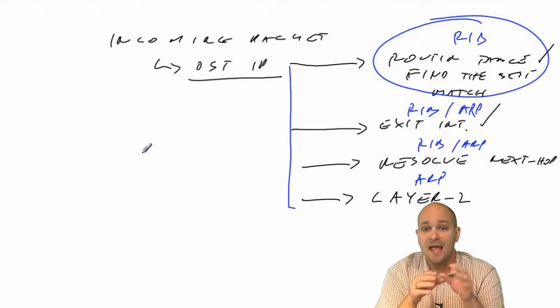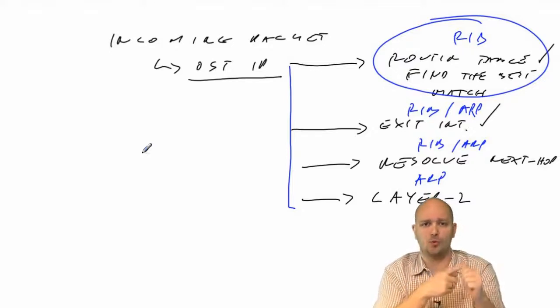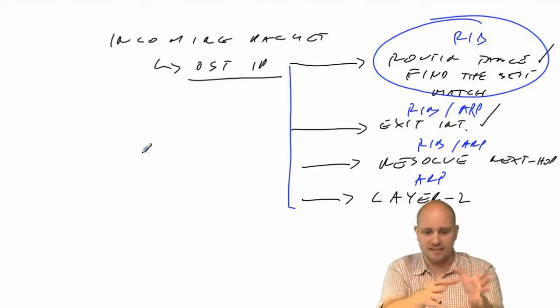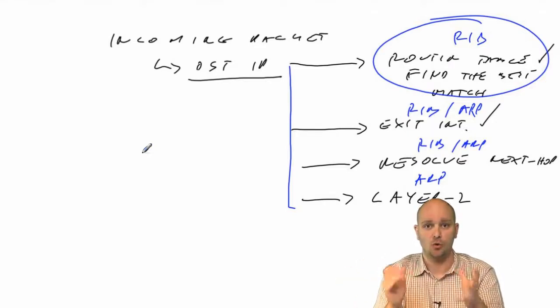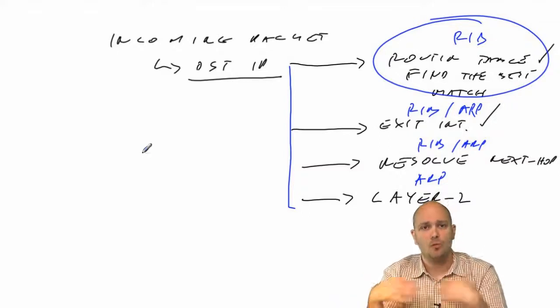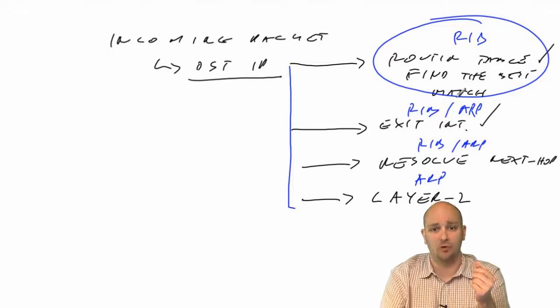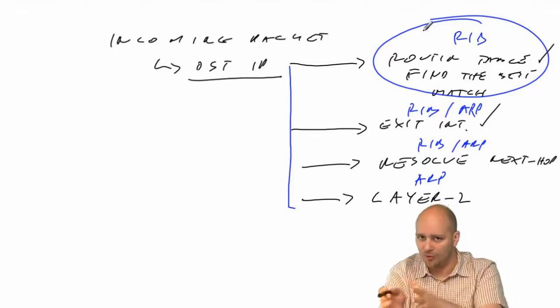Why is it important? It's important because when we say switching, we somehow immediately in our heads imply, okay, this is layer 2 information only in use here. If we say the packet is being routed, we are immediately going to be thinking, oh, there needs to be a routing table involved here, and we need to perform the lookups in our routing table.